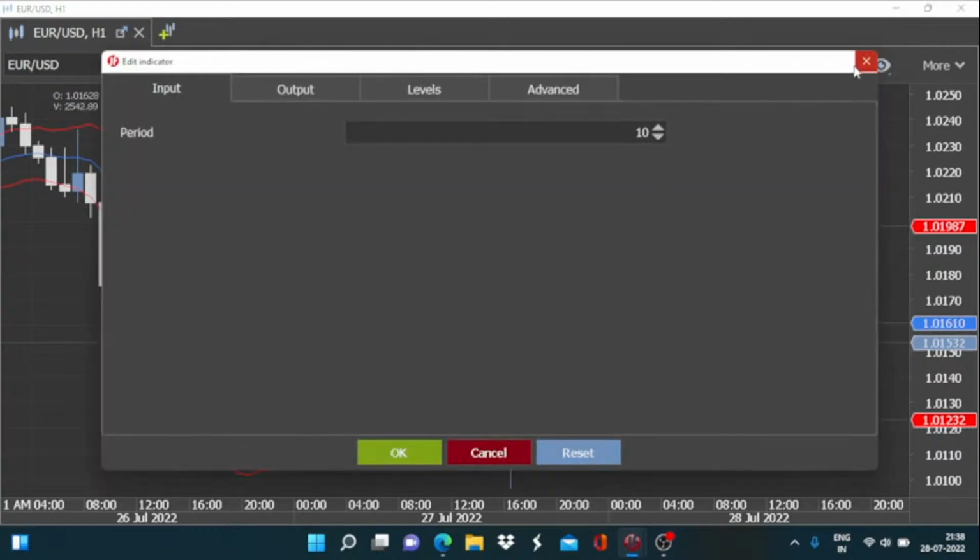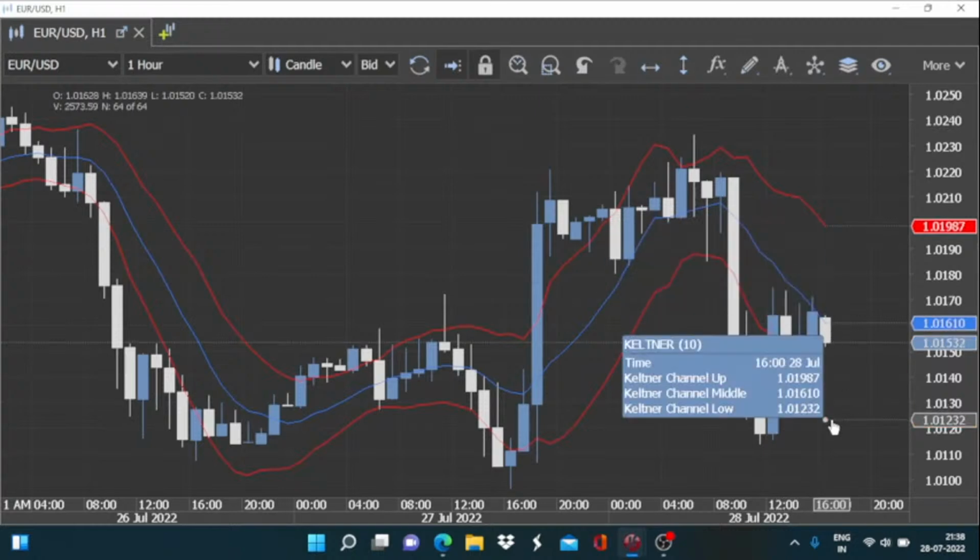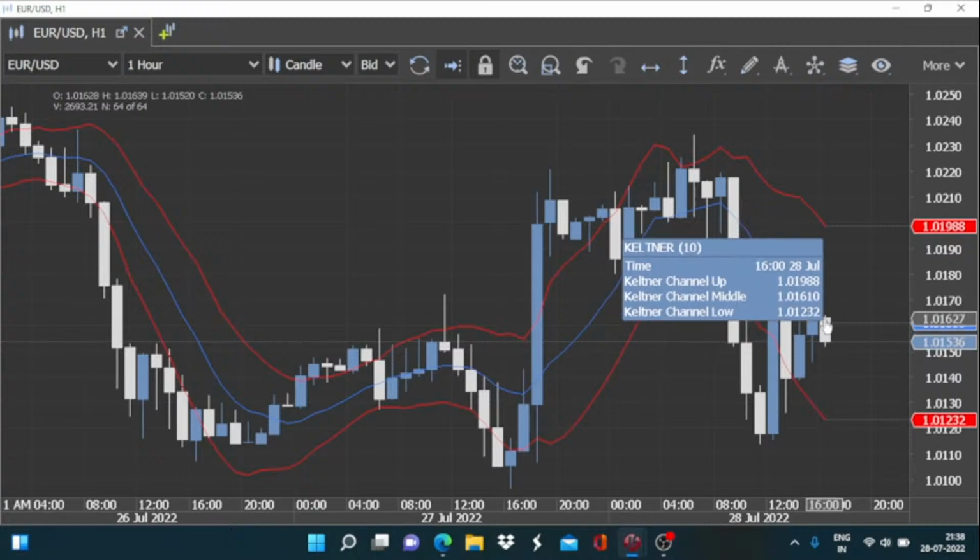So we have to work with the default setup, and the default setup contains the EMA, and then a certain ratio is used. It can be 1, it can be 2, it can be 1.5 to multiply the ATR of the same candle period which is also utilized to calculate the EMA.